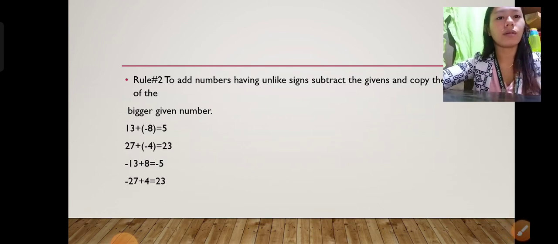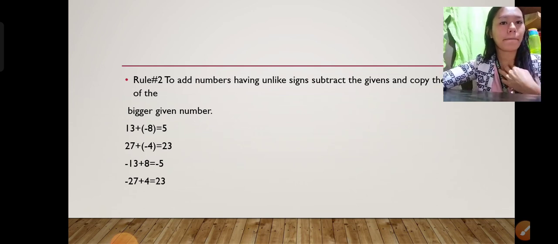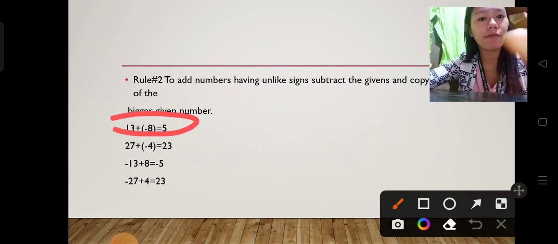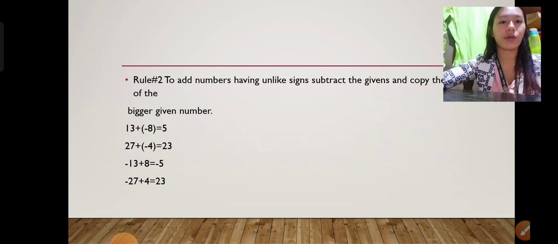Gets nyo na ba yung rule number 2 ng addition of integers? Okay, question. Why is 5 positive? Because, I repeat, the bigger number is positive, so we copy that to our answer.